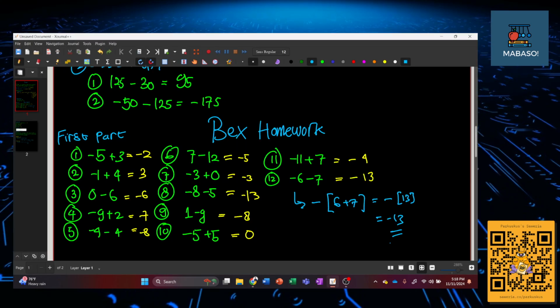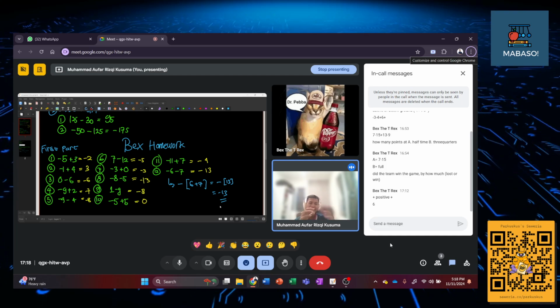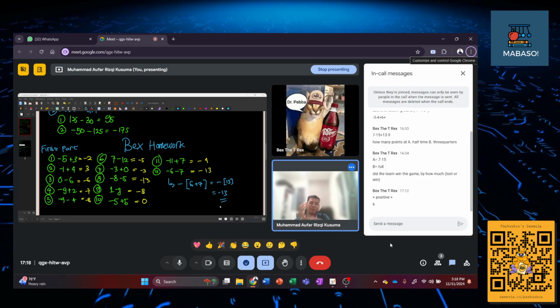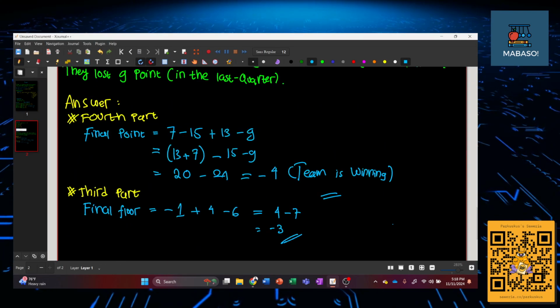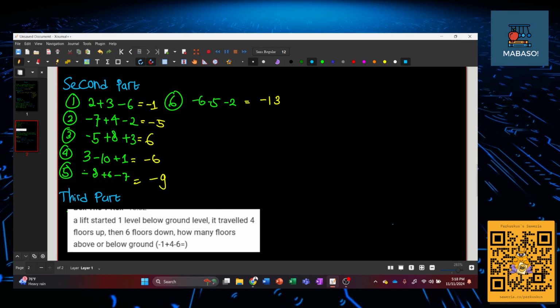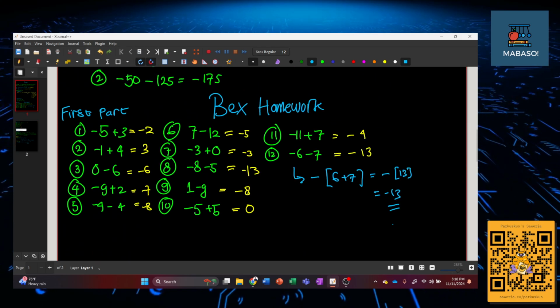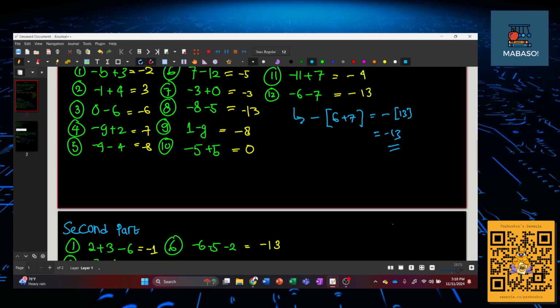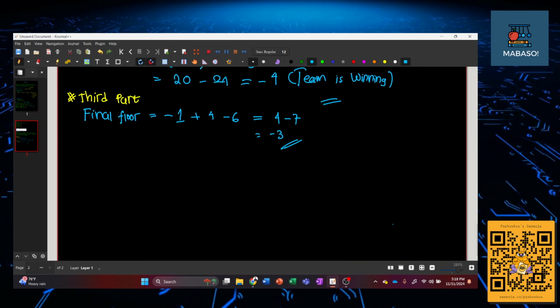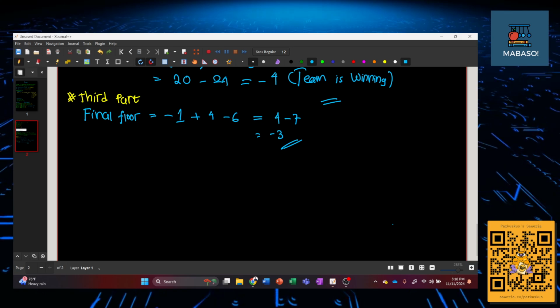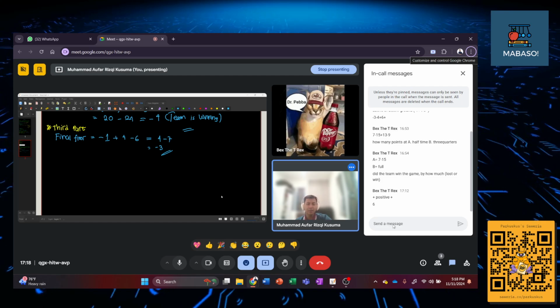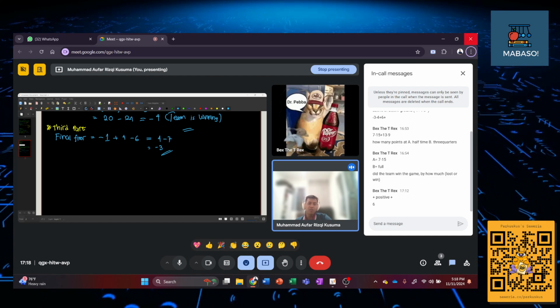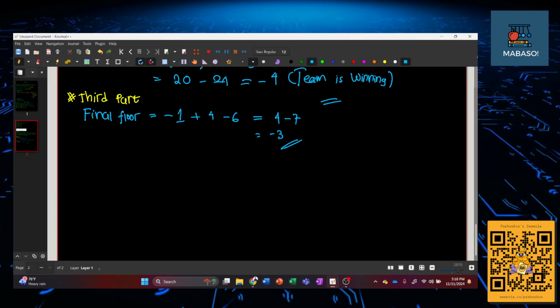Okay, this is fundamental, so important in doing other operations. We still learn about positive and negative numbers. Now I want to introduce you to multiplication. Has your teacher taught you about multiplication with integers?